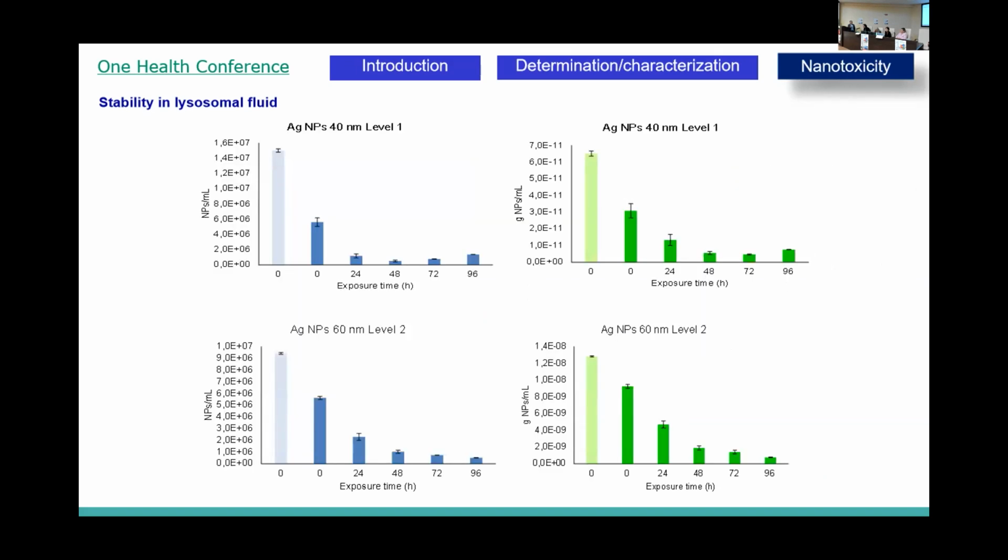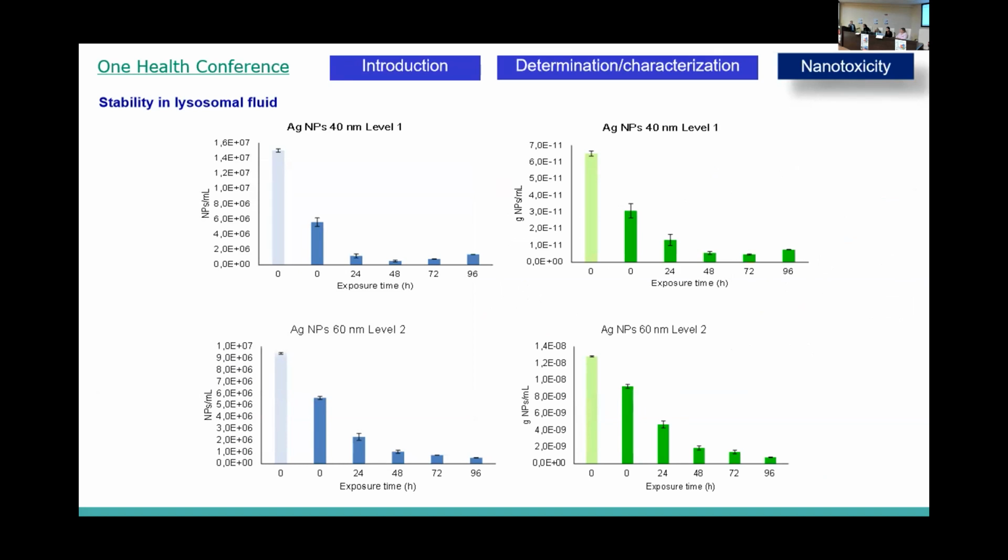So we can see here the results regarding the number of nanoparticles and also regarding the metal mass. In the case of silver nanoparticles, there is a gradual decrease of the number of nanoparticles during this experiment, and this degradation is more evident if we express the results in metal mass.